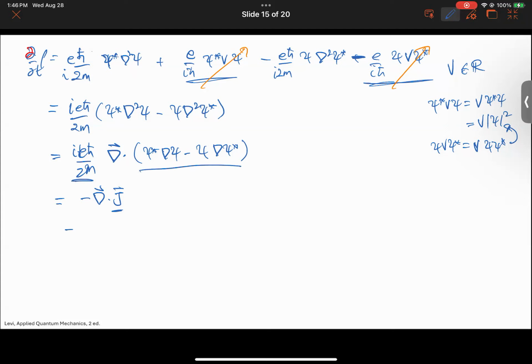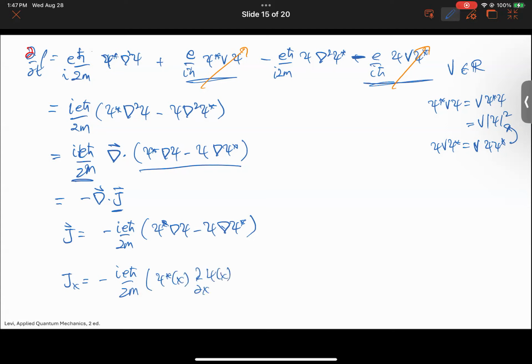The current density is negative iħ over 2m times psi star del psi minus psi del psi star. Or in one dimension, we write negative iħ over 2m, psi star of x partial with respect to x of psi of x, minus psi of x partial with respect to x of psi star of x.